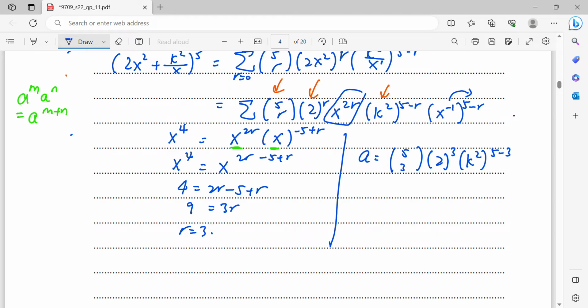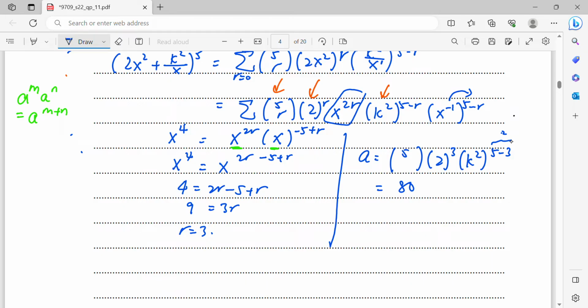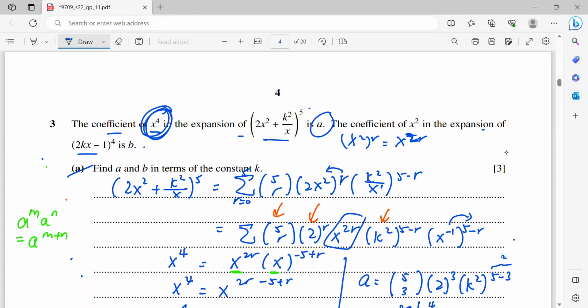Just substitute in. So 5C3 times 2 cubed is 80, then 5 minus 3 is 2, so (k²)^2 is k^4. That means you are getting 80k^4. That is our a.